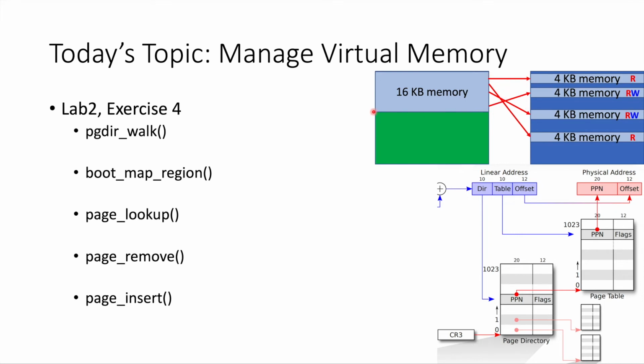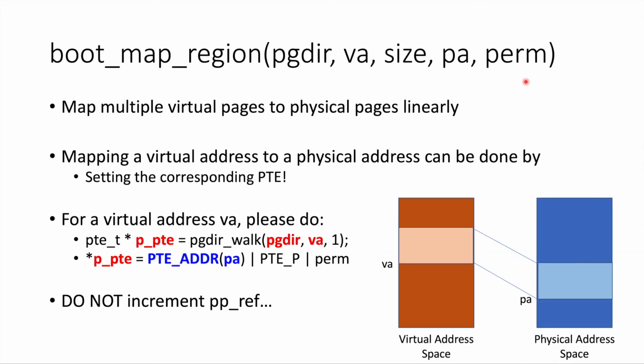The important point here is that this memory allocation is virtually contiguous, but it doesn't need to be physically contiguous. But what we are doing in boot_map_region is that we want to make the virtually contiguous space physically contiguous. This is required for setting up some of the operating system related features and the hardware.